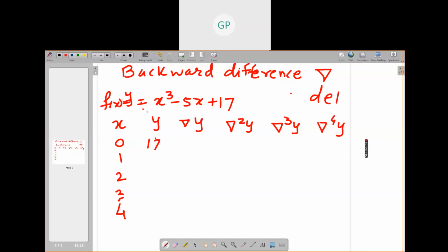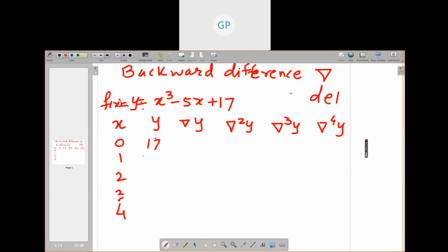F of x is equal to y, equal to x cube minus 5x plus 17.